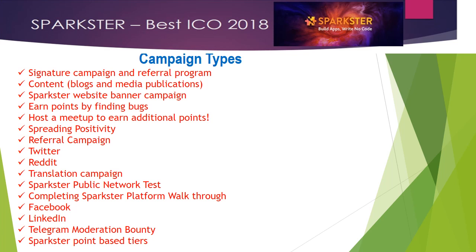So what they have done is a scheme called the proof of love. You get scores for different types of tasks, and you show your love towards the ICO, and then you are given marks based on what exactly you do, how you spread the news, and how you become part of the proof of love campaign.